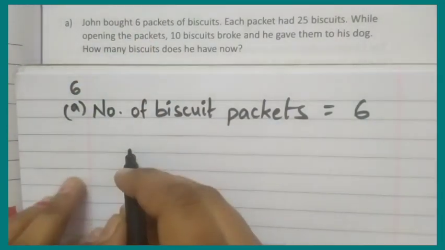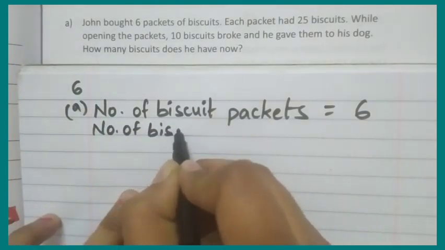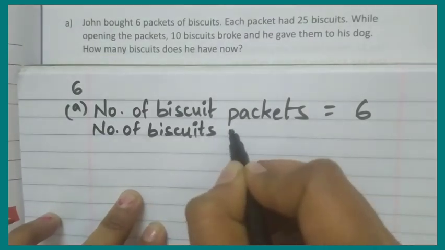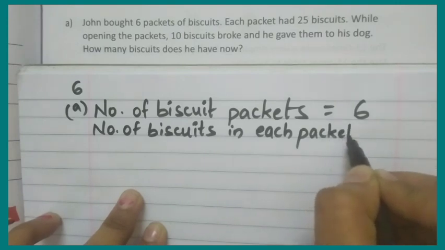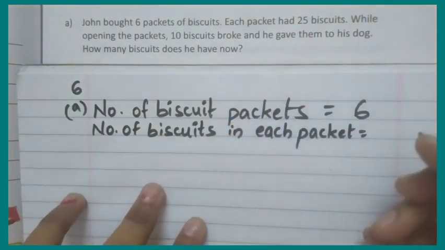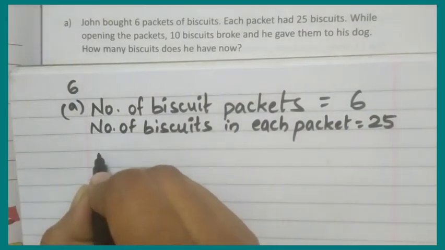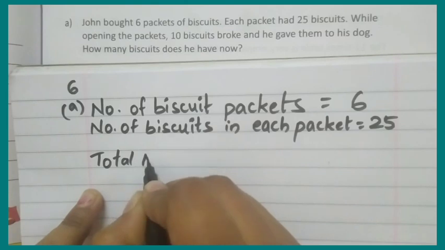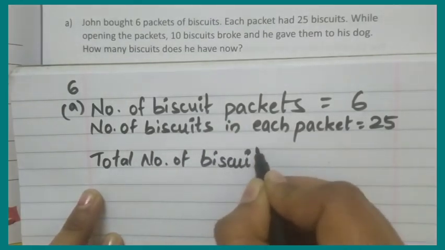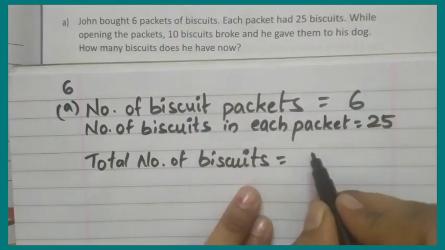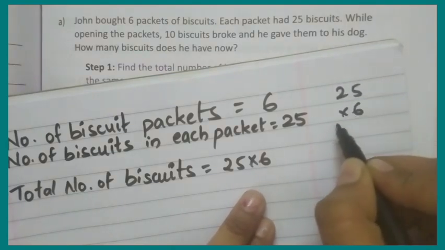Number of biscuits in each packet. How many biscuits are there? 25. Okay, in each packet 25 biscuits are there. Now, total number of biscuits: 25 into 6.